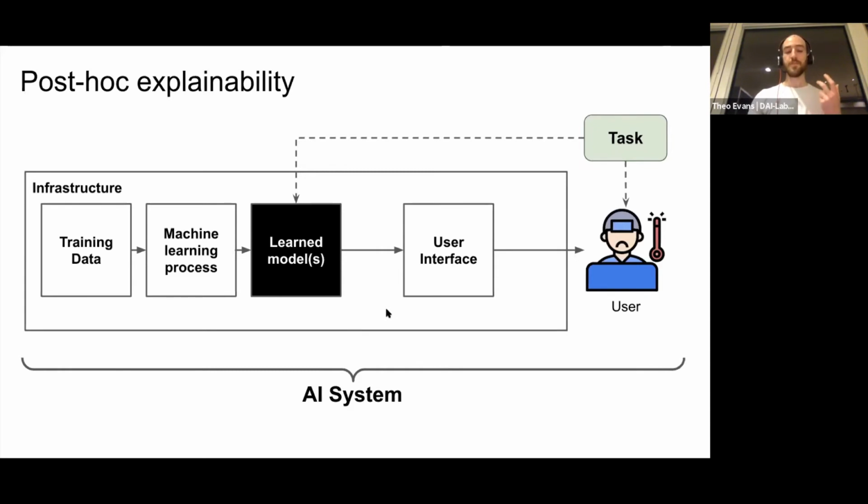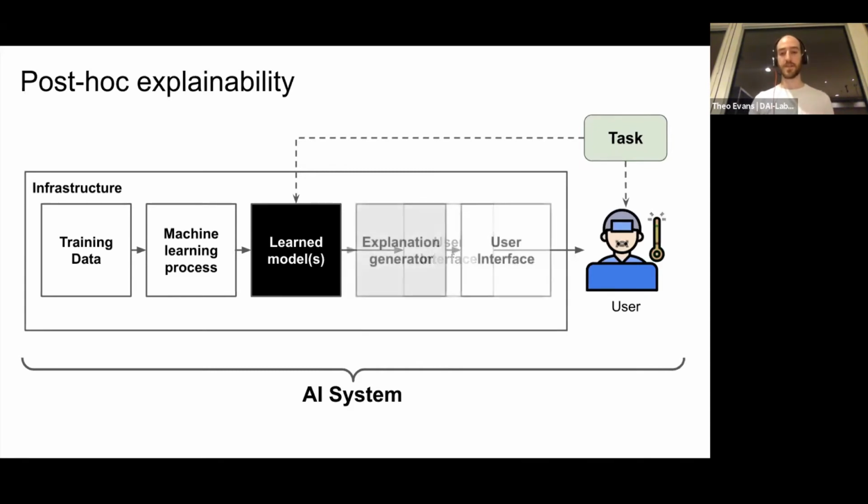Now, if we introduce post-hoc explainability, essentially we are implementing some kind of explanation generator that takes our learned model and produces some kind of explanation that can be presented to the user in a user interface. And with this post-hoc explainability, we then talk about this as an explainable AI system.